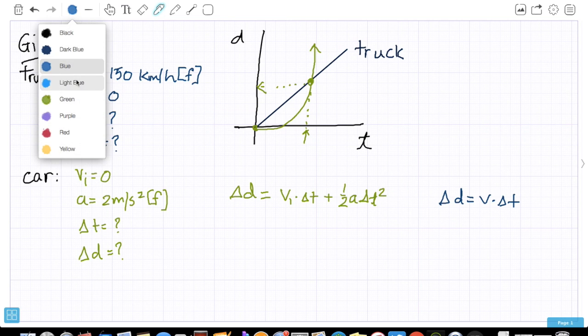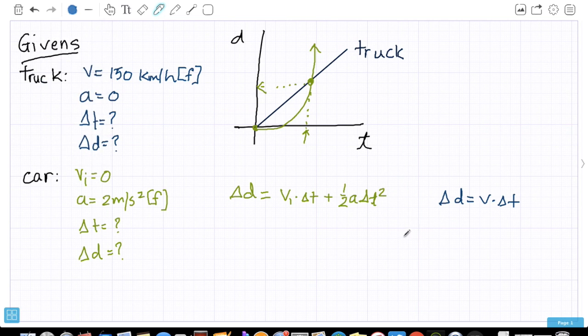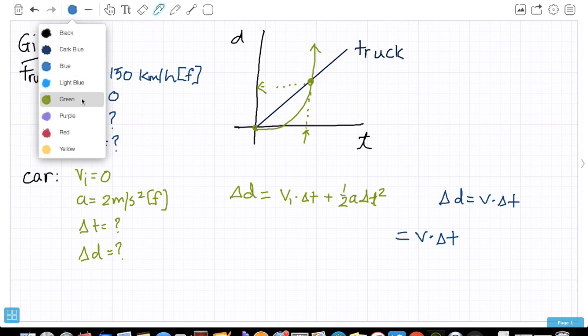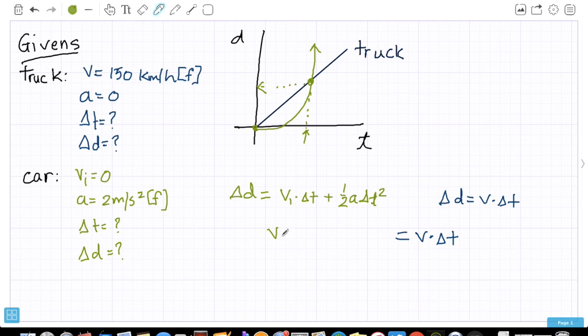So I'll do that. I'll write it with V delta T on one side, and then I'll write it as V I delta T plus a half A delta T squared. Now this is 0 because V I is 0.